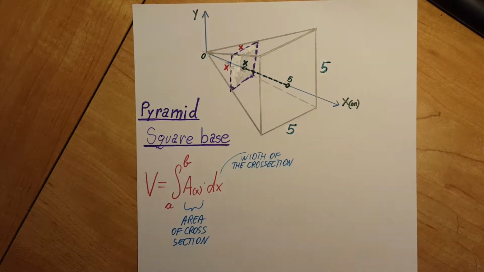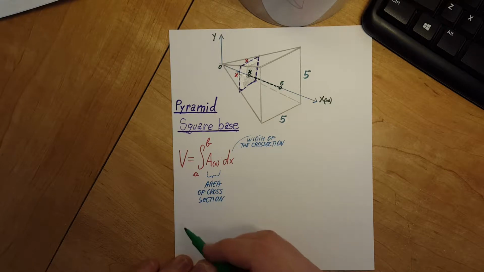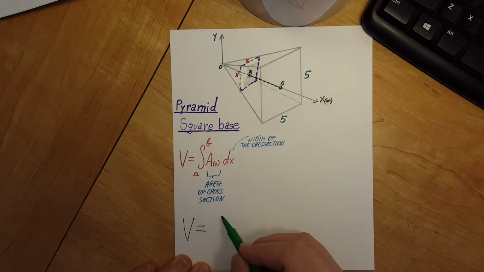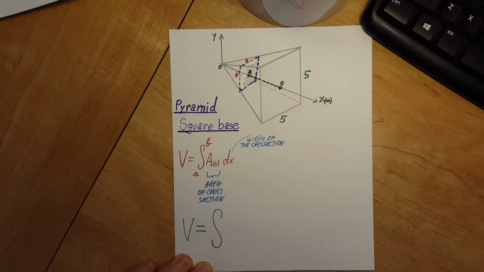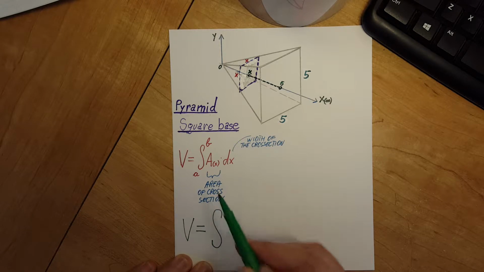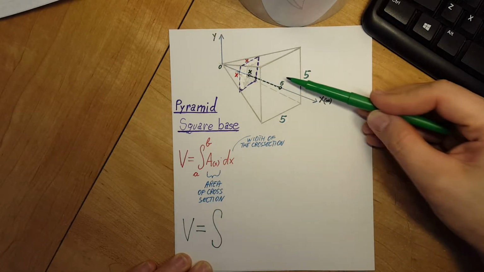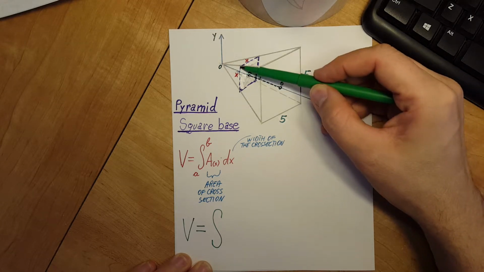So I'm going to write it down here. V equals, now I'm going to put the integral sign. Let's take a look at our area of cross section, which is going to be our A(x). So somewhere along this pyramid, I'm going to take a cross section.